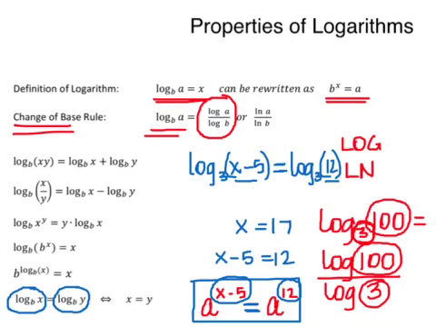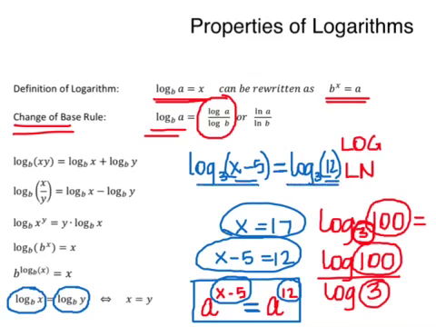So you could also set x minus 5 equal to 12 and get x equals 17. So those are similar rules that say if you have the same log with the same base and you have different things, they called it x and y just to say different things, that you're taking the log of, then you can set those two things equal to one another and solve whatever's left.